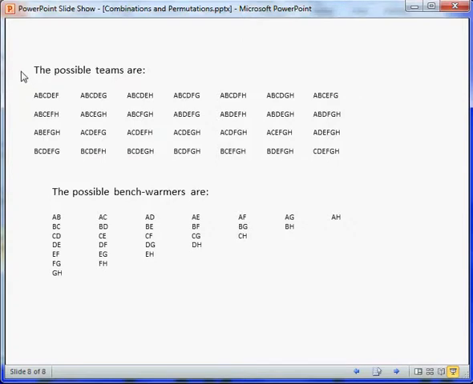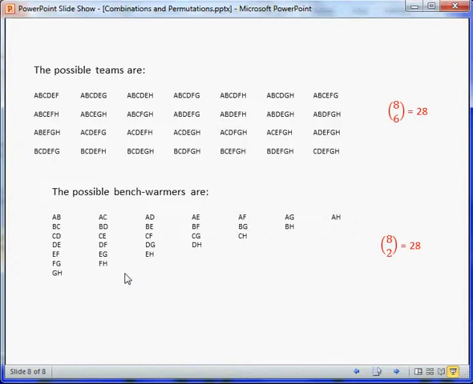I'm just illustrating to you here that you can choose the 6 people who are actually going to play, or the 2 people that are going to be the reserves. Now you can see, there's 28 different combinations there, and there's 28 different combinations there. That's the same number, because it's the same idea.